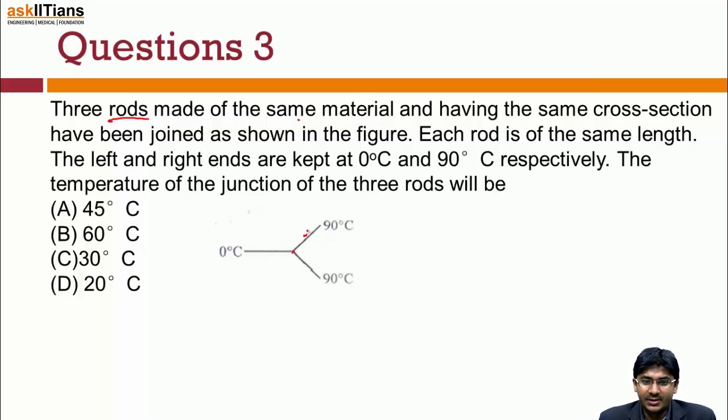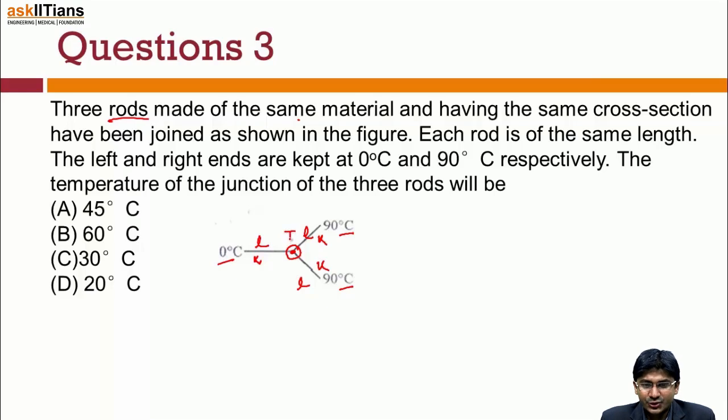Each rod is of the same length and the same material, with the same thermal conductivity K. The left and right ends are kept at 0, and these two are at 90. It asks what the temperature of the junction will be.